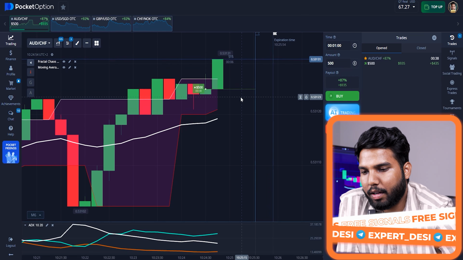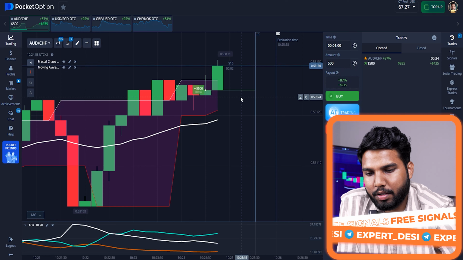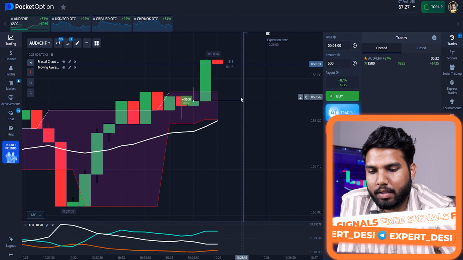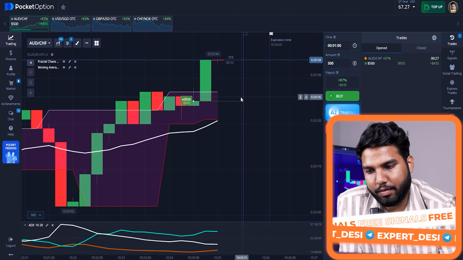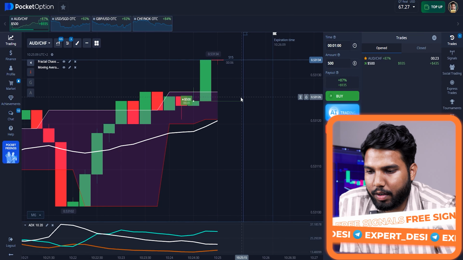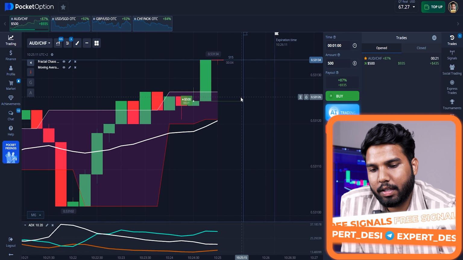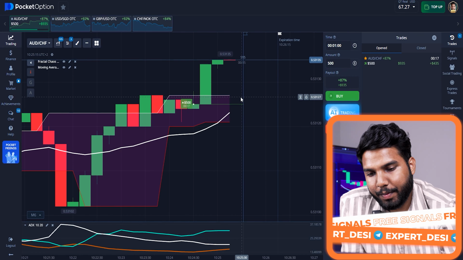So we can confirm this trend with fractal chaos. We can see that the candle is already going out of this cloud formed by fractal chaos. And the same thing with moving average. We can see that the candles are above the moving average indicator line.